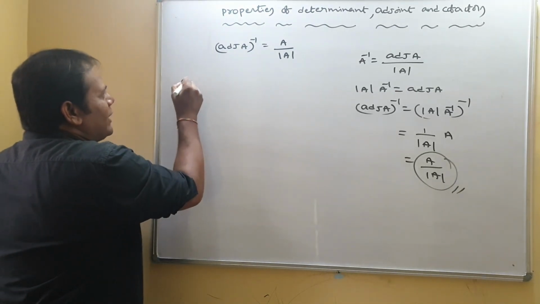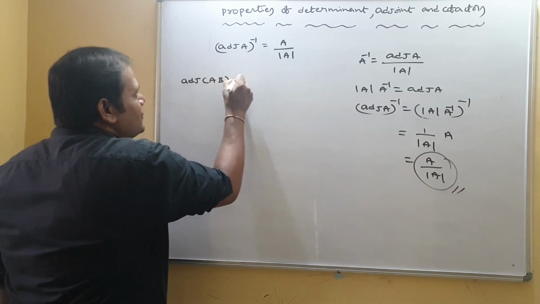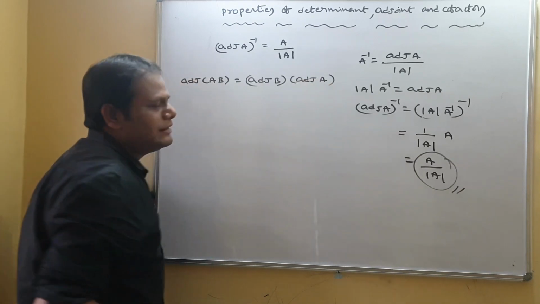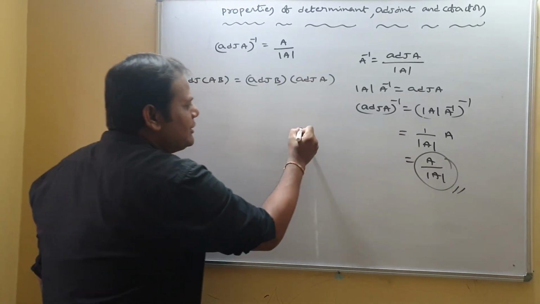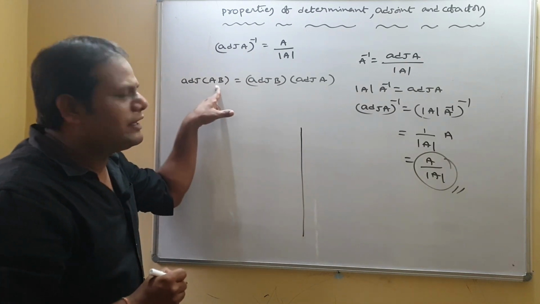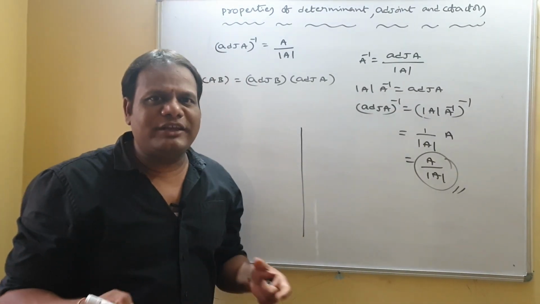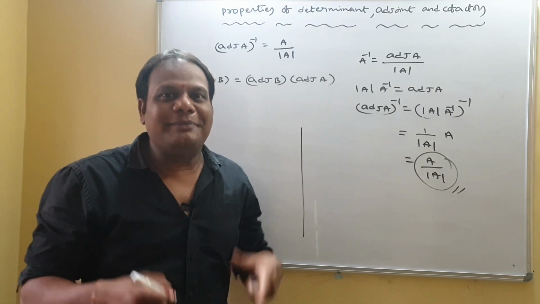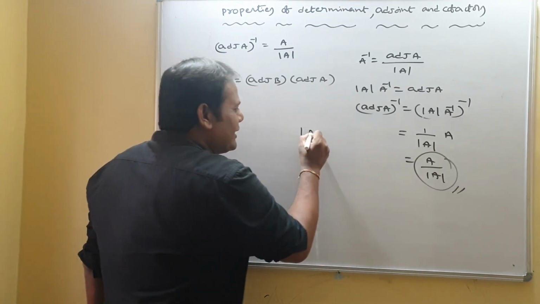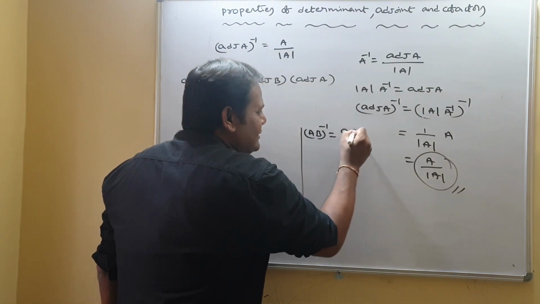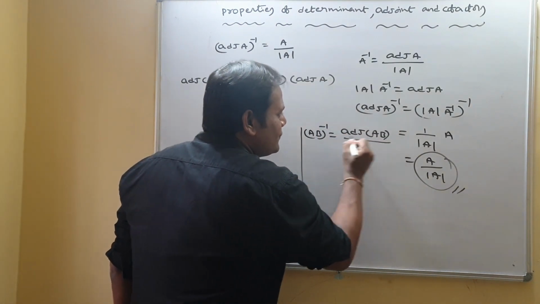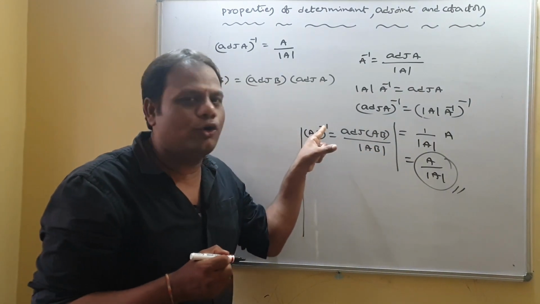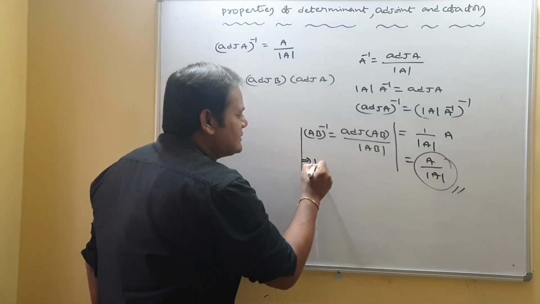Suppose they ask what is adjoint AB. Adjoint AB is adjoint B into adjoint A. Now we want adjoint AB. In what formula do we get adjoint A? The A inverse formula. So for adjoint AB we use the AB whole inverse formula. We take AB whole inverse as adjoint AB by det AB. Here AB whole inverse can be written as B inverse A inverse.